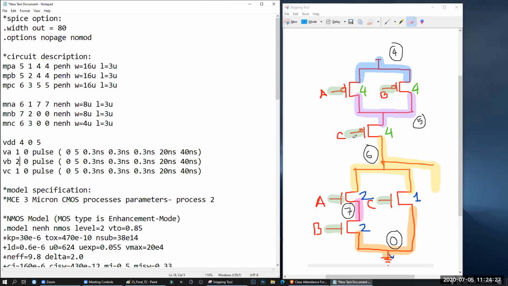The third one is connected to node number 3. So everyone is pulse 0, 5, 0.3, 0.3, 0.3. But the only change will be this one. This one will be 40, 80, 80, 160. Why is that? I will explain.